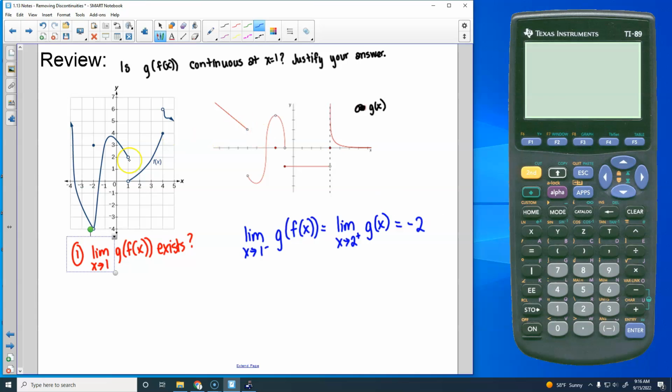Now I know from the right the limit is different. The question is, is it going to be different for g of f of x, not just f of x? So I've got to try this from x approaches 1 from the right of g of f of x. So from the right-hand side, what is our limit as x approaches 1 of f? 0.